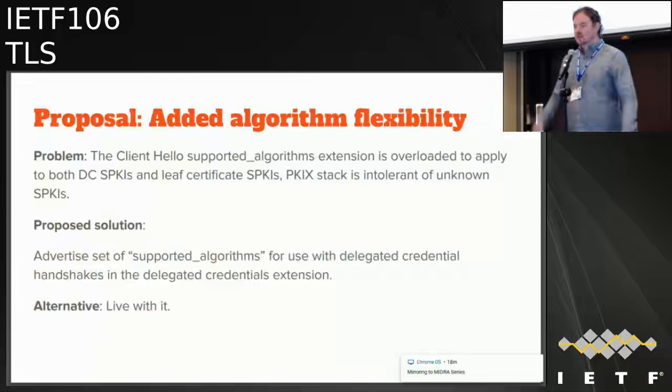Then if a server supports this type of key and doesn't support delegated credentials, it could send down a cert with this key type, and your stack is not able to effectively communicate that distinction to the server. This is not a problem in some of the stacks we've seen, but it's a potential problem in one or two of them, and I've heard anecdotally that this may be a problem.